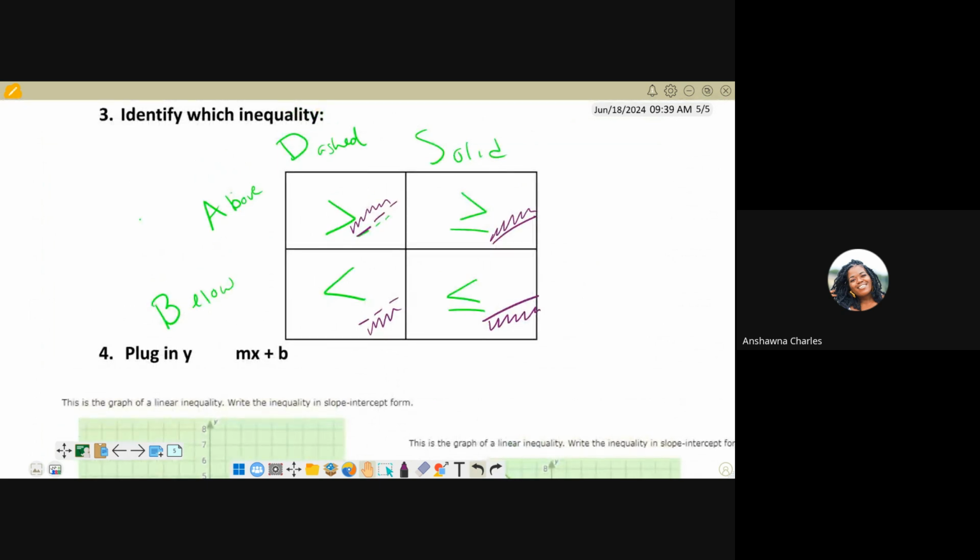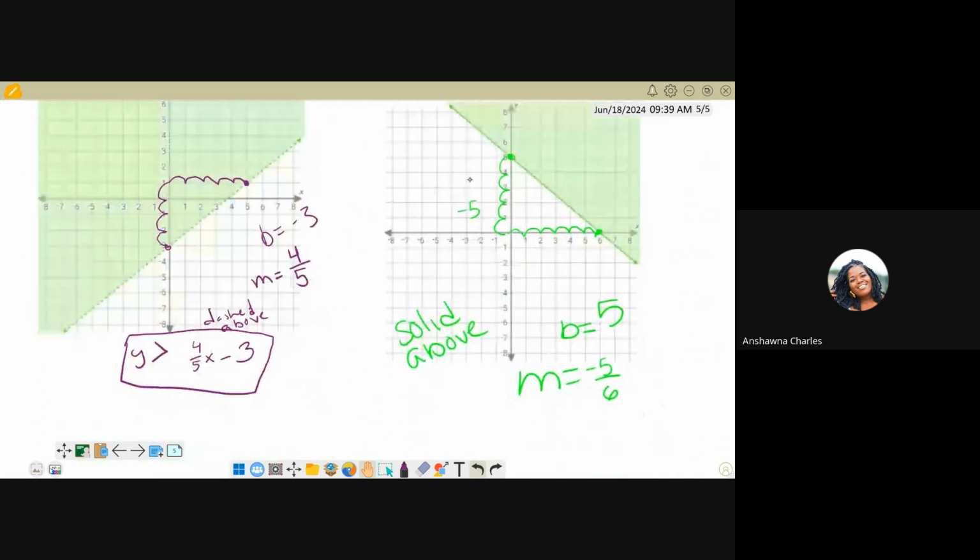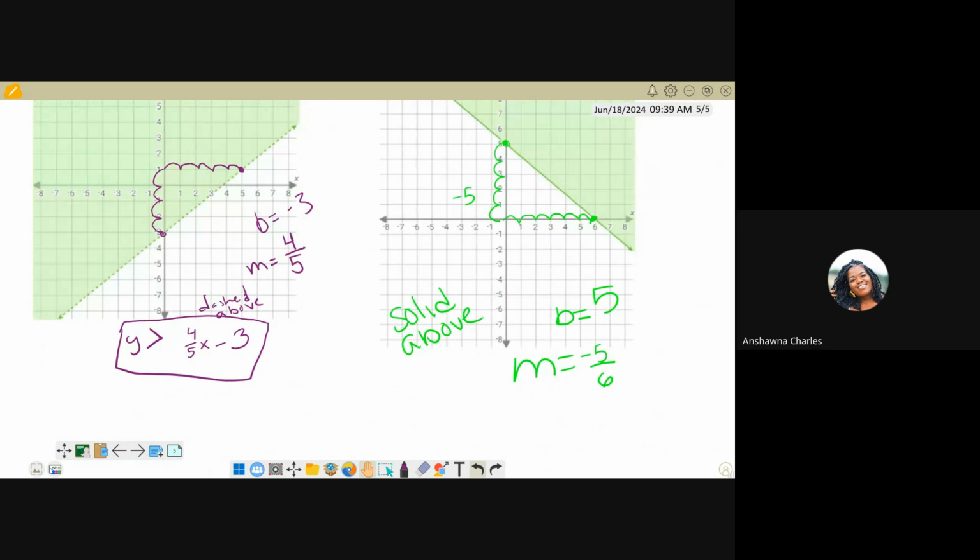No. Is this one solid and above? Yes, so that's the one we need. The answer will be y is greater than or equal to -5 over 6 x, plus b, which is +5.